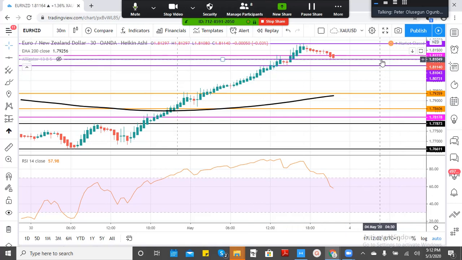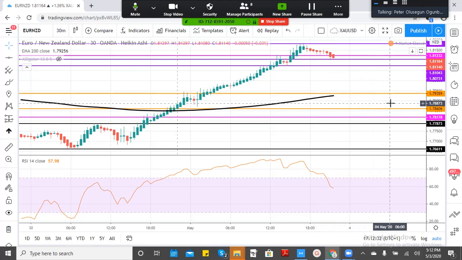Then I expect this price to move, and this is where I want to exit. So I will expect this price to get to this point at least. I'm not so sure. If you want to be a bit greedy, you can pick your exit here for day trading. Or to be safe, you can pick this one as your exit.